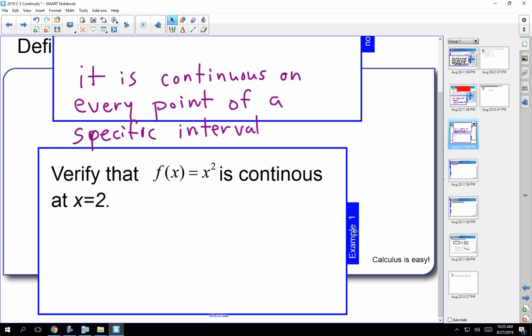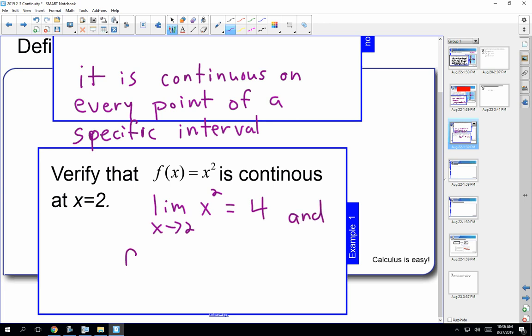So how would you verify that a simple quadratic like f of x equals x squared is continuous at x equals 2? What would that verification look like? Find the limit at 2, so we'd write the limit as x approaches 2 of x squared, which equals 4, and f of 2 equals 4.